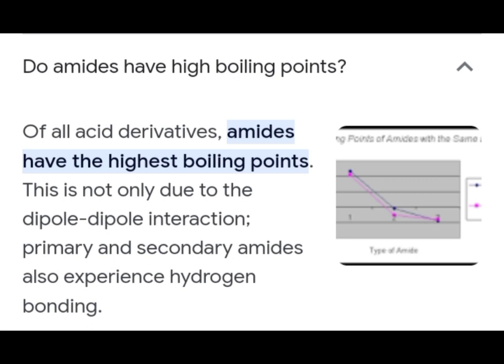So question, do amides have high boiling points? Of all acid derivatives, amides have the highest boiling points. This is not only due to the dipole-dipole interaction, primary and secondary amides also experience hydrogen bonding. So that's why it has the highest boiling point.